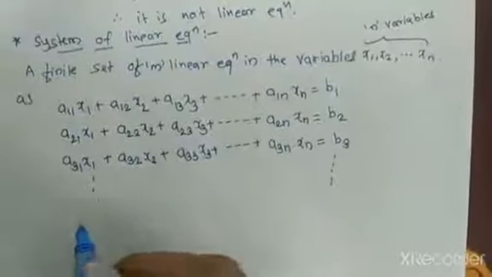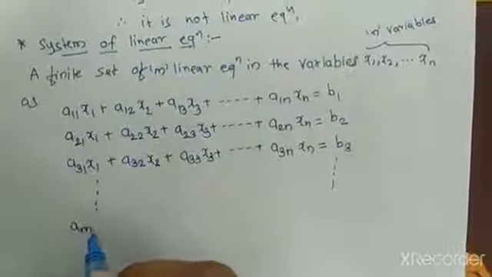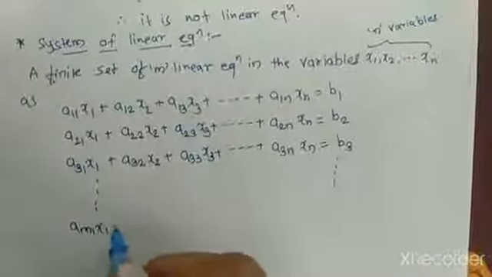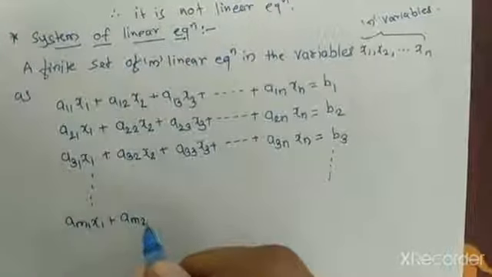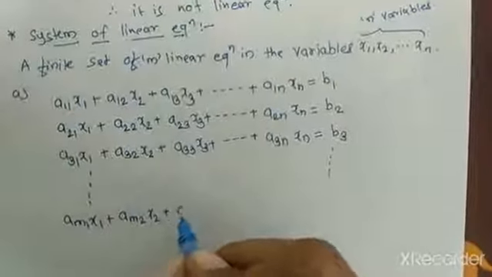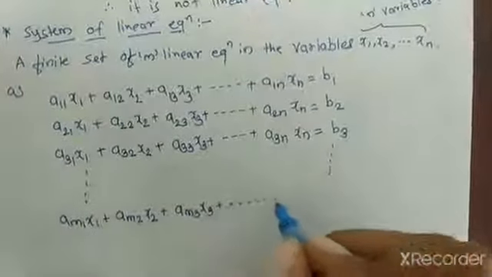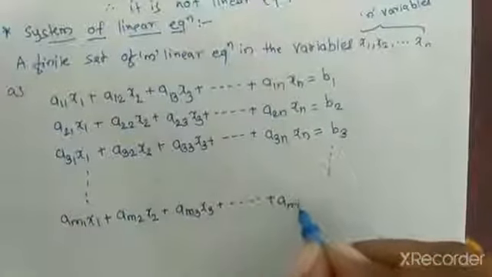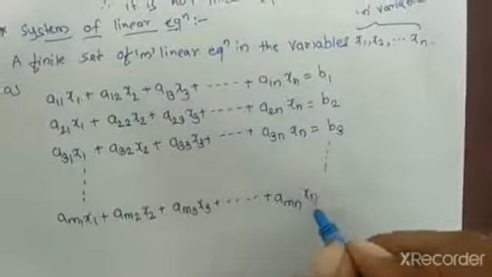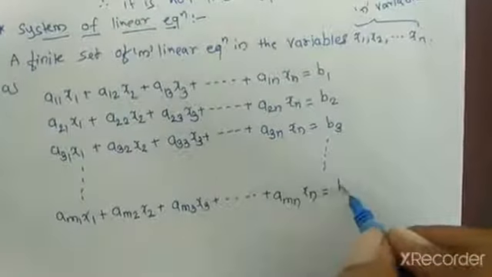The mth equation is am1 x1 plus am2 x2 plus am3 x3 plus so on up to amn xn is equal to bm.